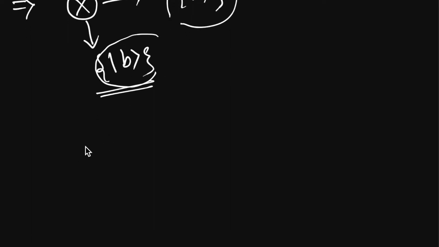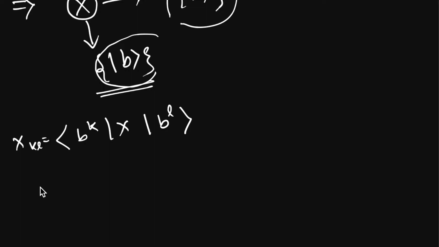Now the matrix element in the basis B will be ⟨b_k|X|b_l⟩.